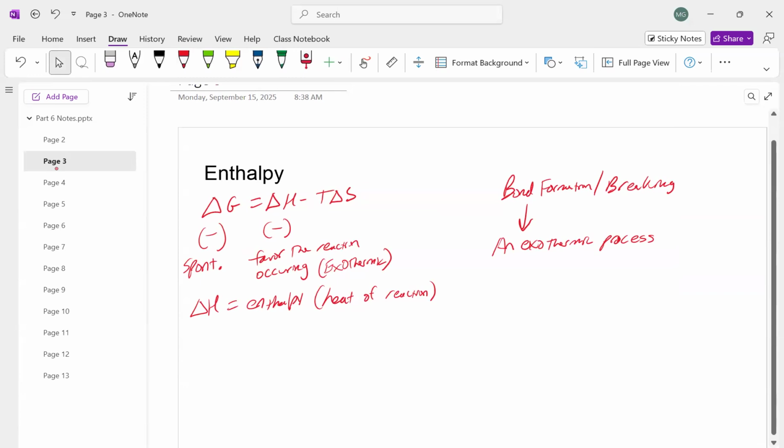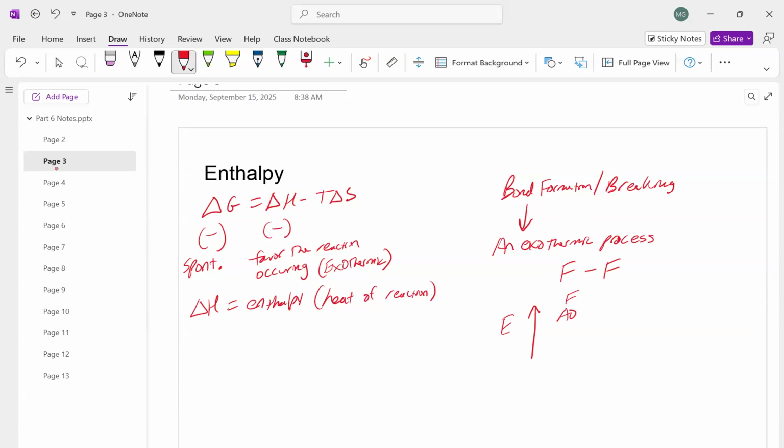For example, let's look at a little review of the fluorine-fluorine bond. If we set up a molecular orbital diagram, we have one fluorine atomic orbital and another fluorine atomic orbital, and each of them is going to give an electron. So we combine those to make molecular orbitals.